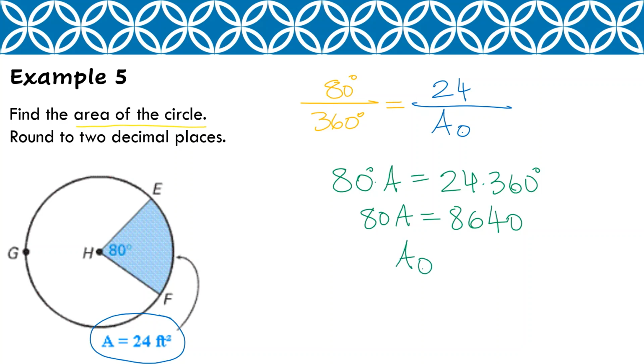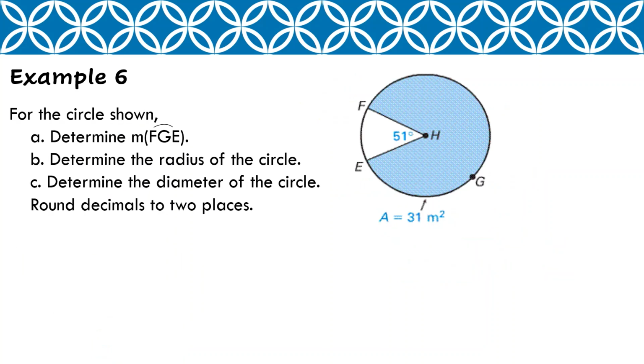The area of the circle is 108 feet squared. And we didn't actually even have to round to 2 decimal places. It came out exactly. One more example.